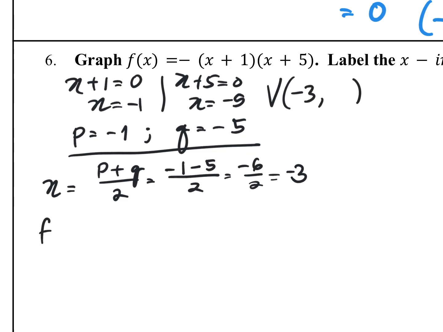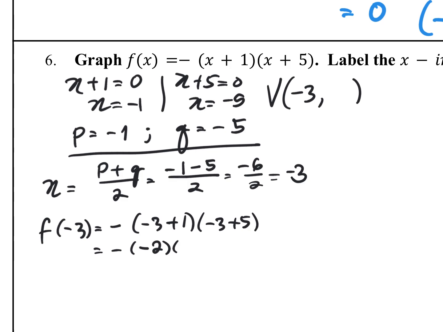And if I put that in my function, that's going to give me negative (negative 3 plus 1) multiplied by (negative 3 plus 5). So this is going to give me negative times negative 2, which is positive 2, times 2. Okay, so this is going to give me a total of 4.